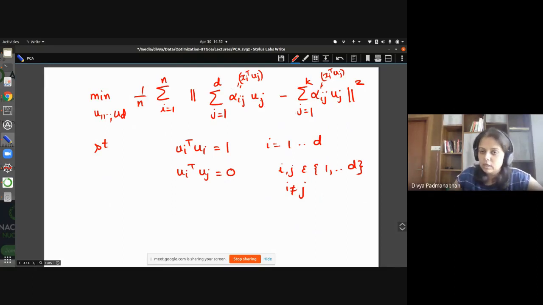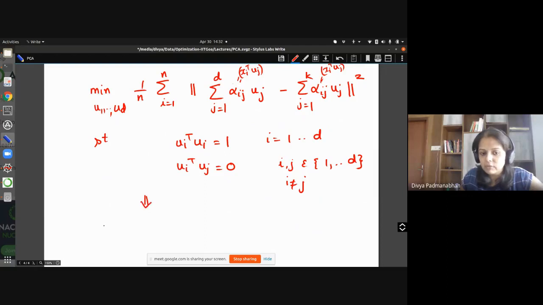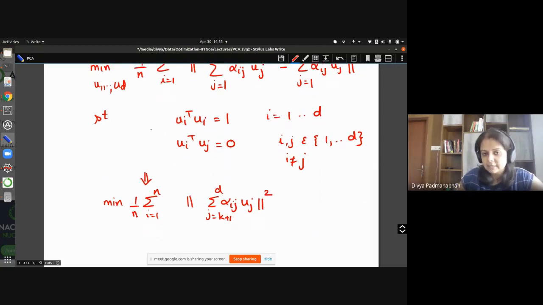So these terms will just disappear from the summation, and what you will in turn have is you will just want to minimize i equals 1 to n. You are going to be left with just summation alpha ij uj, where j is now from k plus 1 to d. This is the one that remains, and all these other constraints remain, such that u is an element of, let me call this set omega, so u element of omega.